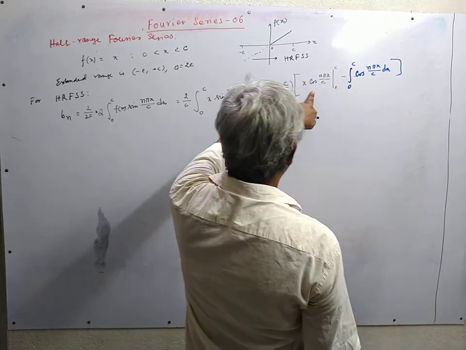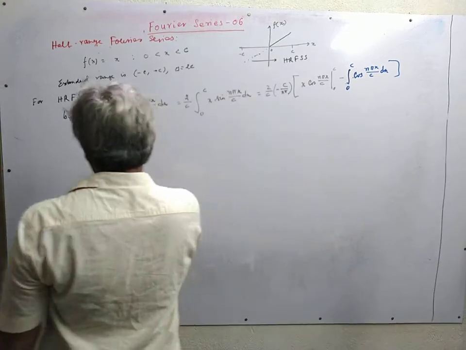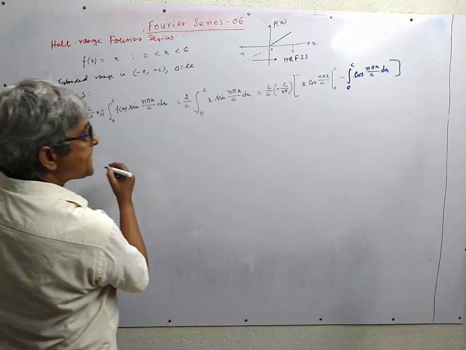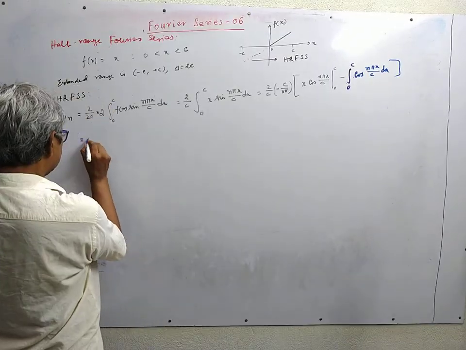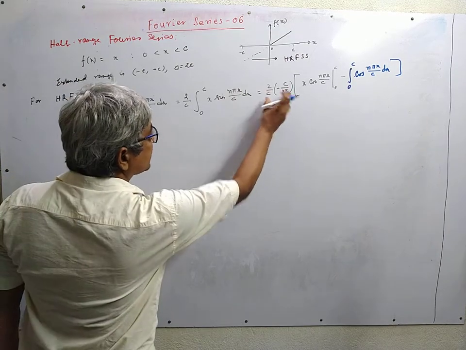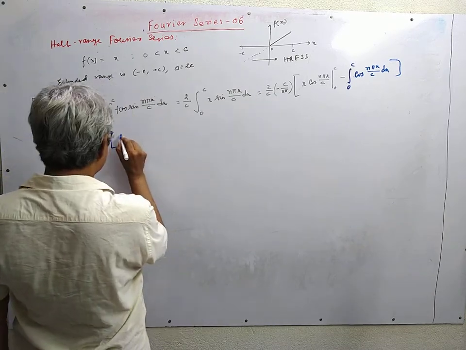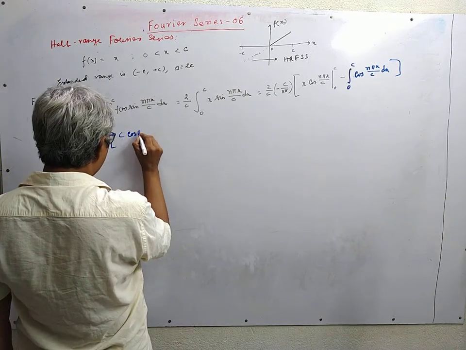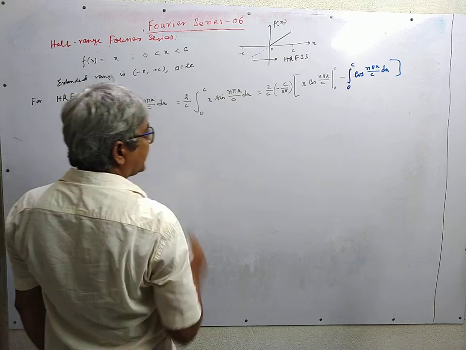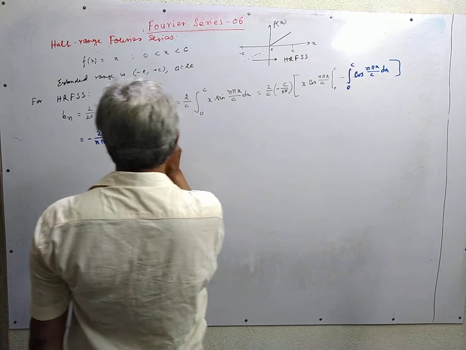In the lower limit it is 0, and in the upper limit it is c. So this is minus 2 by n pi, and on simplification this is c times cos of n pi, and the other part when integrated gives sine, which is 0.